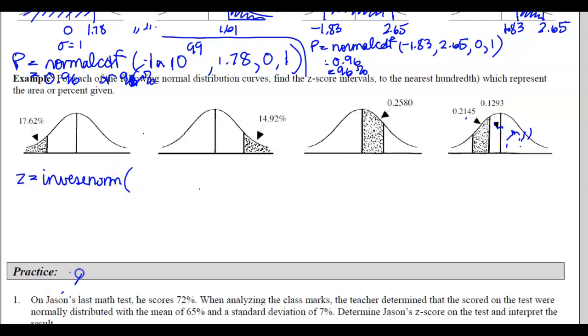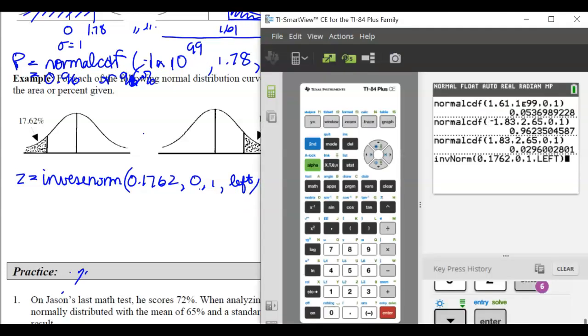Okay, so your percent as a decimal, 0, 1, and I will put in the left, but if you have an older version of the calculator, you would just close your bracket after the 1. Okay, so enter on that.